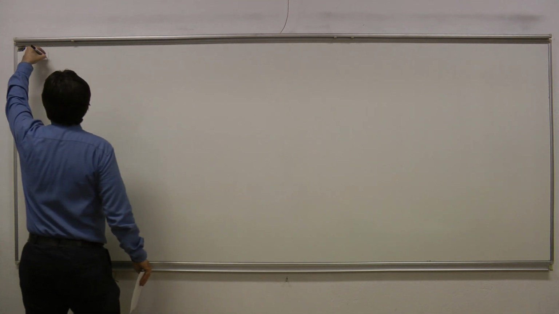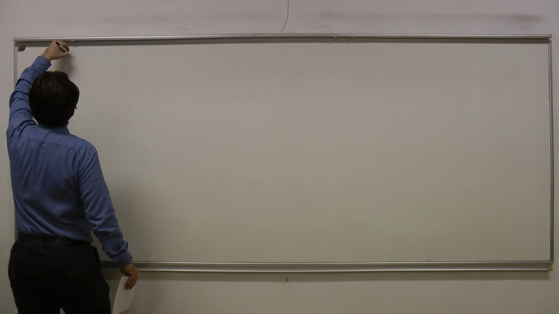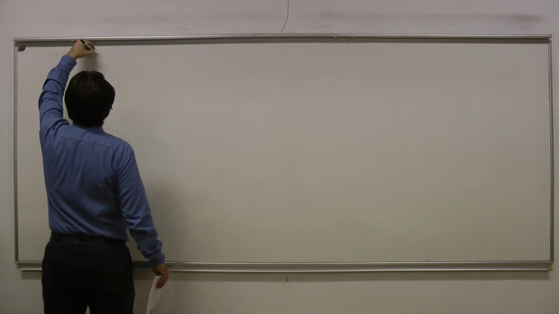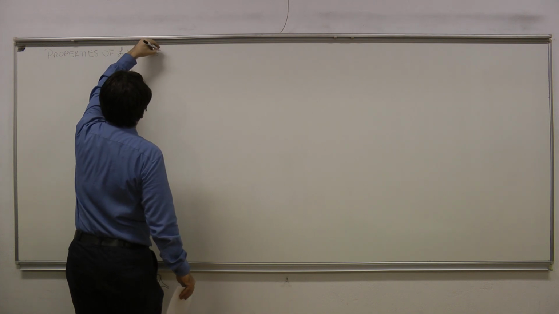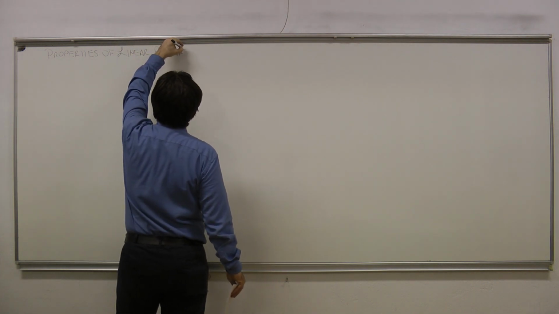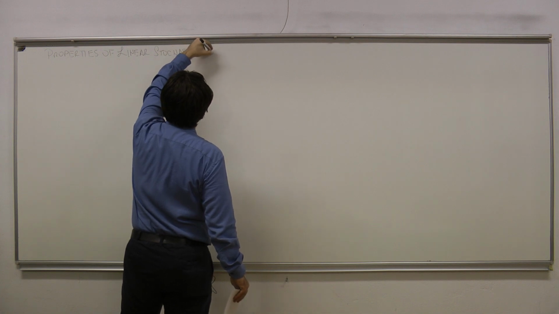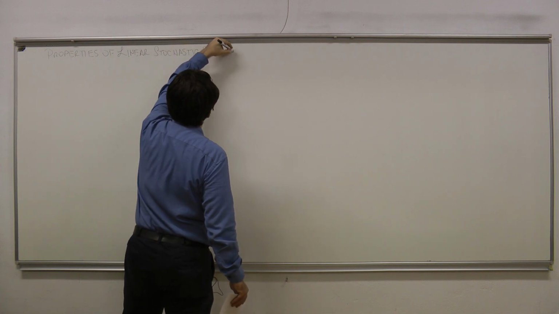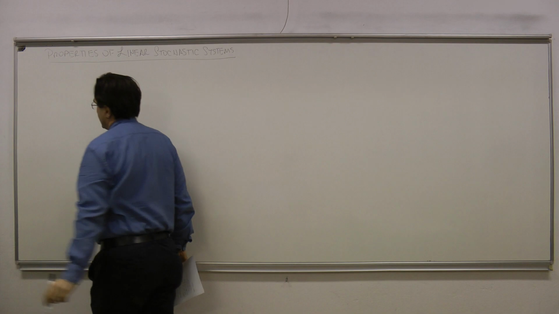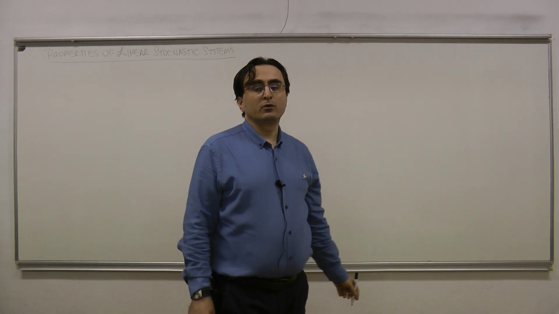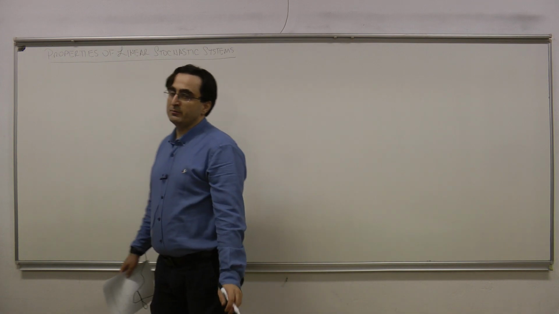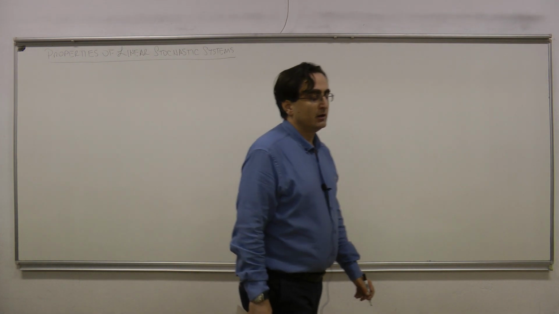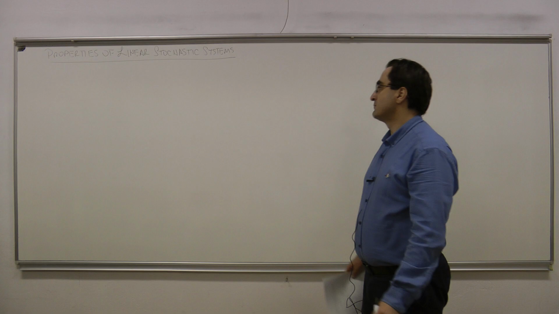Let us say properties of linear stochastic systems. So linearity is going to be instrumental for us because Gaussianity really propagates very nicely under linearity.